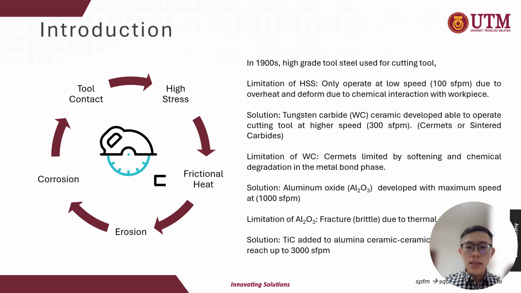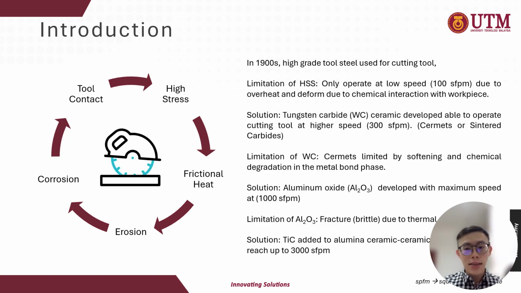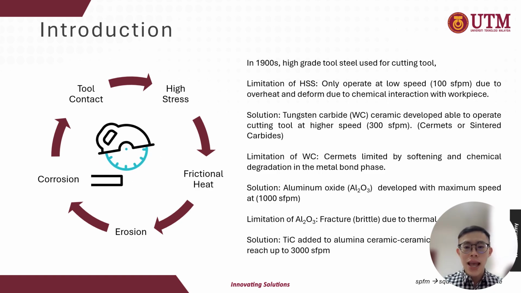The limitation of WC, the tungsten carbide cement, is that it is limited by softening and chemical degradation in the metal bond phase. So what is the solution? They use aluminum oxide, known as alumina, which was developed to maximize the speed at 1000 square feet per minute.